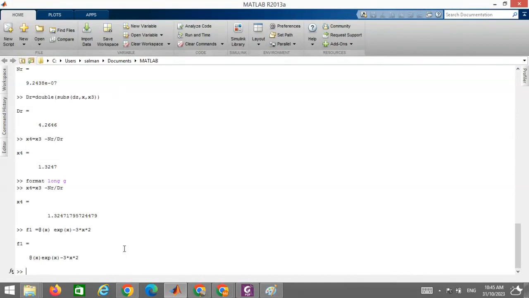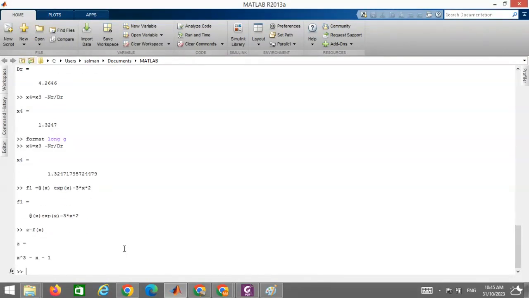Okay, this is given. So now in z you can take this f of x. Oh, sorry, I have to write z is equal to f1 of x, right? So this is exp of x minus 6x.